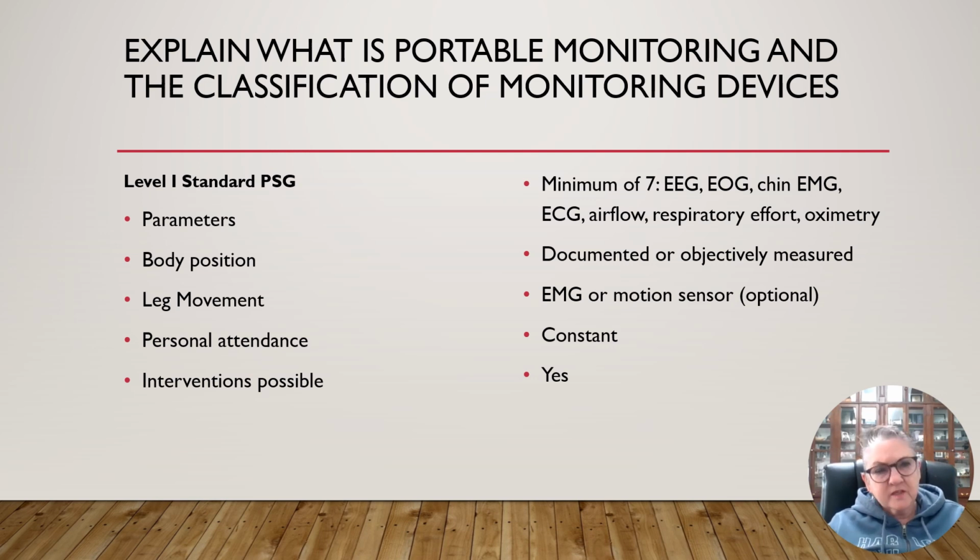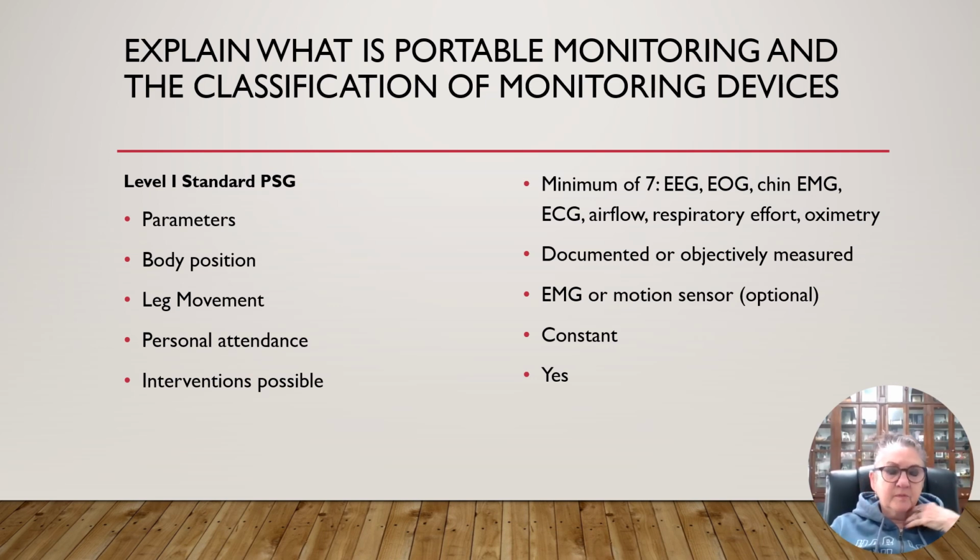We are still on the objective to explain what portable monitoring is and the classification of monitoring devices. I want to go back to the level 1 standard PSG, which is required for this testing. When you look at the parameters for a standard in-lab PSG, there must be a minimum of 7 different ways to measure, including EEG, which is electroencephalogram, EOG, eye movement, chin muscle, EKG or ECG, airflow, respiratory effort, and oximetry.